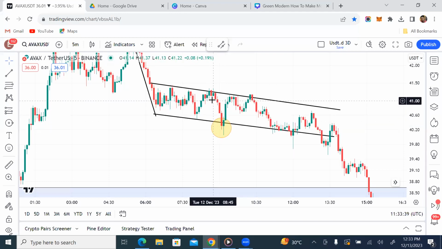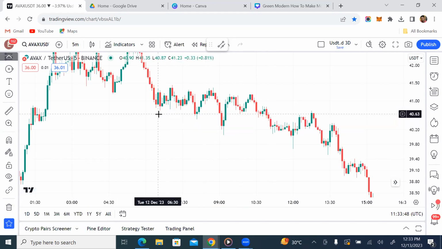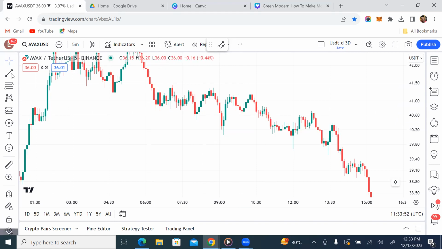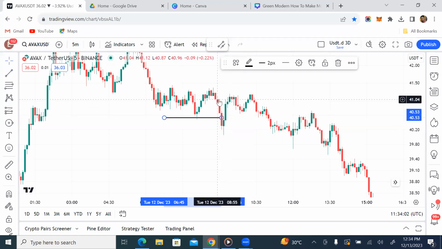The sign of weakness because price came down, took out liquidity. Let me just remove all these drawings and explain this very thoroughly. Price came here, took out all the liquidity. There's liquidity resting below this point. It took out liquidity, and it failed to break structure.